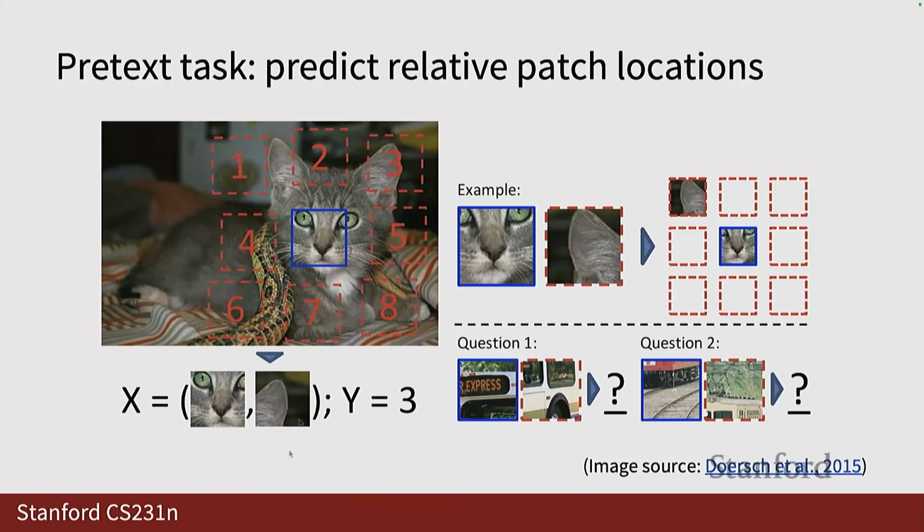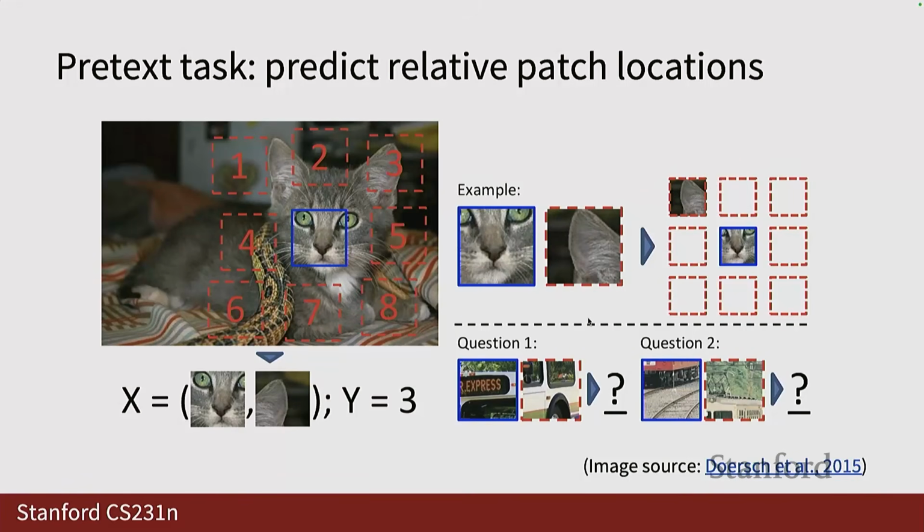This is 3x3 and the center patch is the reference. So this also turns out to be an 8-way classification task. It takes any of these patches and tries to output the location of that patch with respect to the center patch.